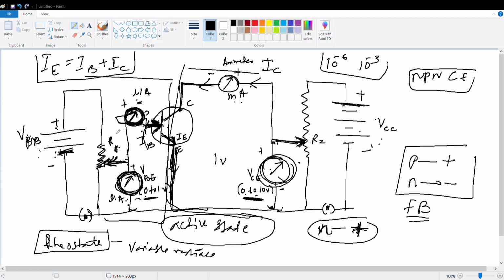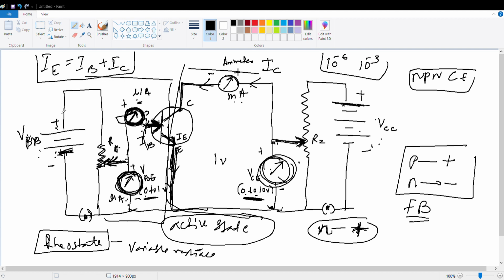Harsh, what is an amplifier? Increases the voltage. Device that increases voltage. Okay.